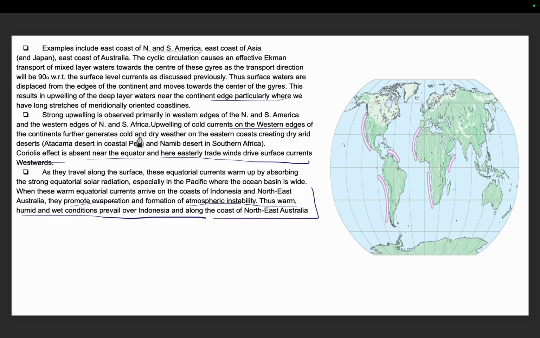The western edges of the continent generate cold and dry weather, creating dry arid deserts, due to the upwelling of cold currents on the western edges of the continent. This is called the Peru current. Sorry, we have to be more careful. Yes, we will discuss this Peru current if time permits.